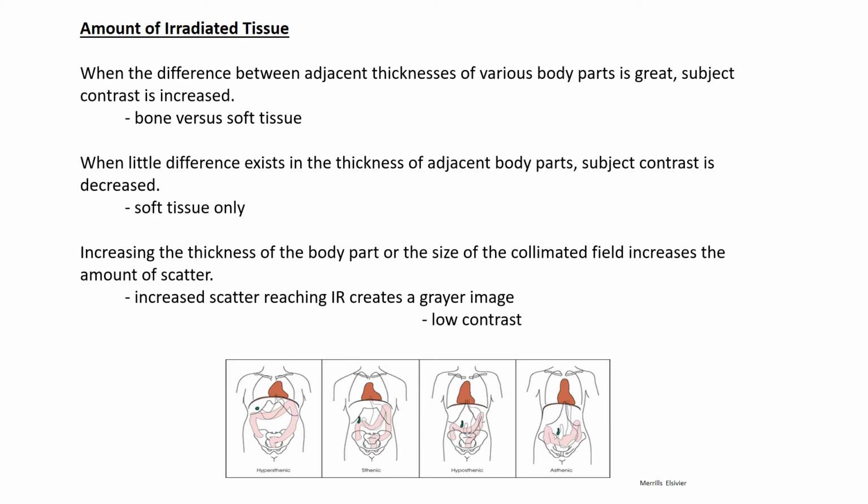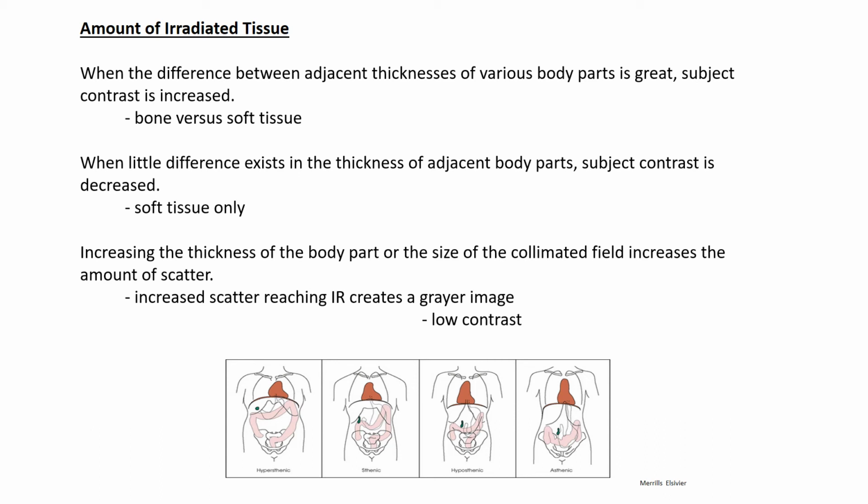If we increase the thickness of the body part, or the size of the collimated field increases, so if we increase the thickness of the body part, think about going from an asthenic to a hypersthenic patient, or we open up the field size, let's go from an 8 by 10 to a 14 by 17, either one of those two things is going to increase the amount of scatter. Thicker patients, more scatter.